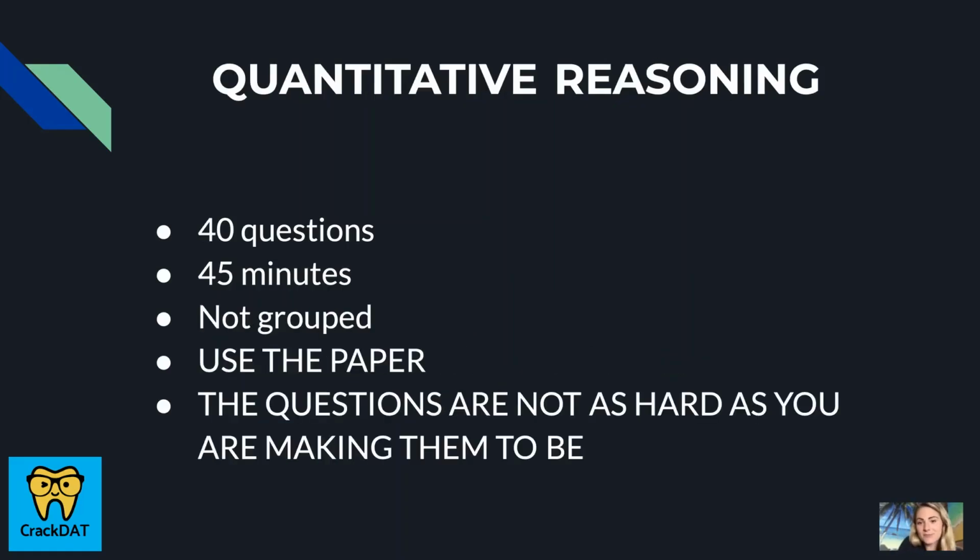Then the next section is quantitative reasoning. I loved quantitative reasoning, but I think it's one of those sections that can be really challenging, because it's a lot of random math.